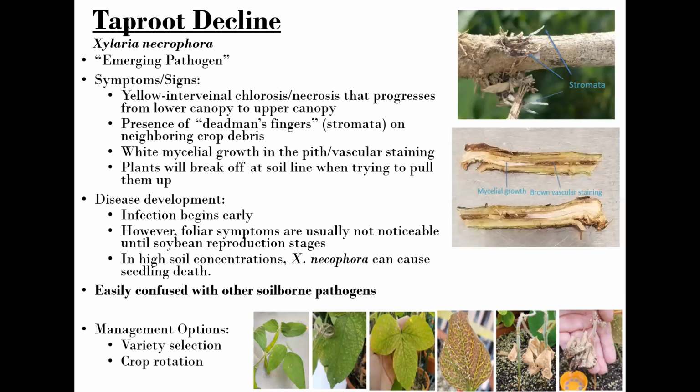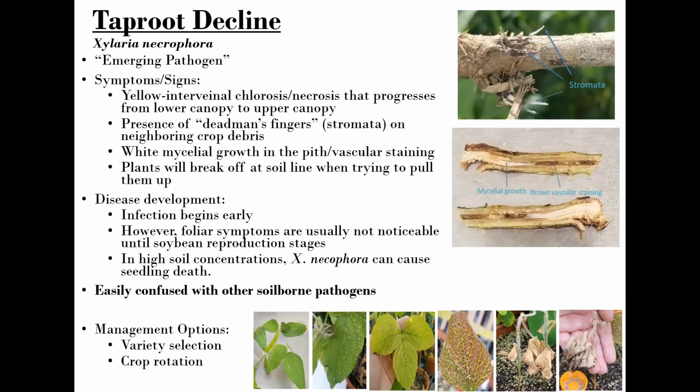What's concerning about Xylaria necrophora is that historically, fungi in the genus Xylaria have been saprophytic wood rotters, meaning that we have never seen a Xylaria genus fungi be pathogenic in our crops. And this is especially concerning since we're seeing this move into soybeans, which is one of the top producing row crops in Tennessee.